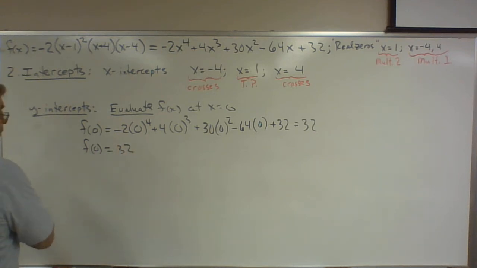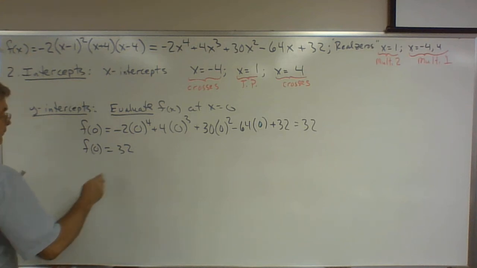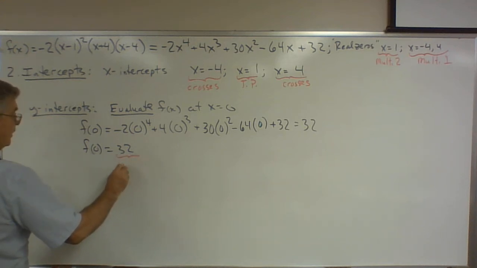So when x is 0, y is 32. That is our y-intercept.